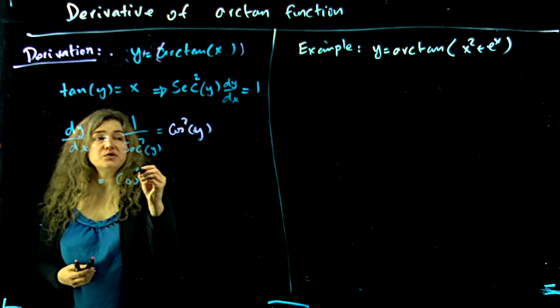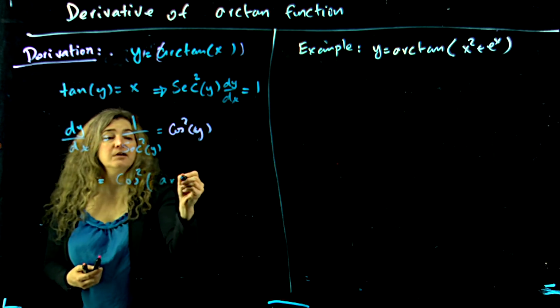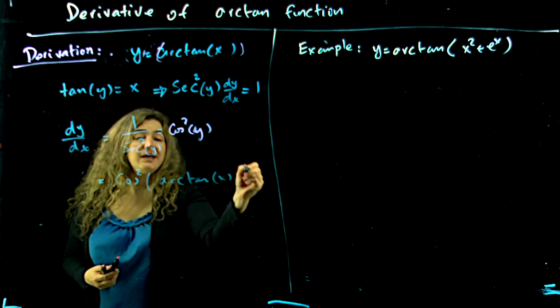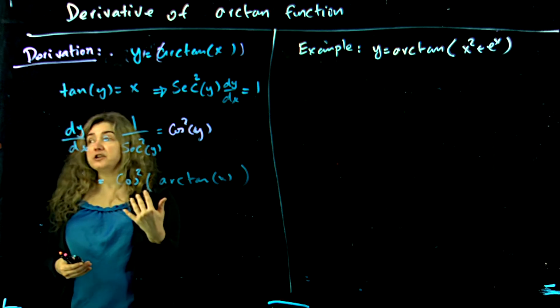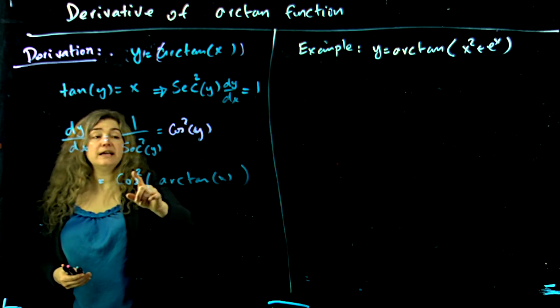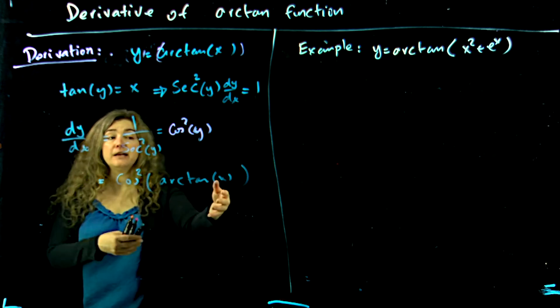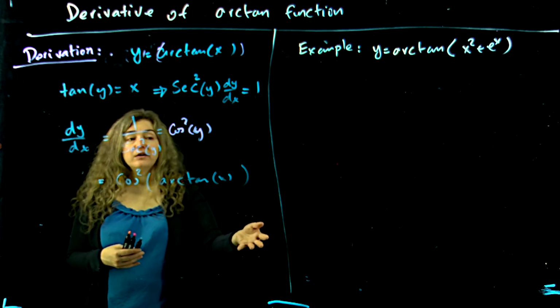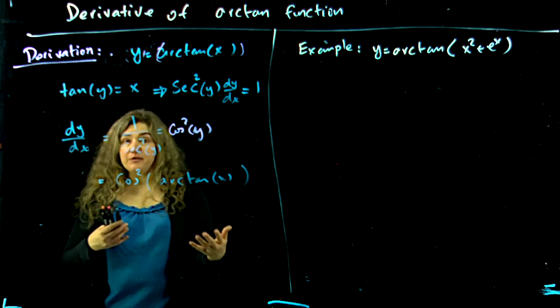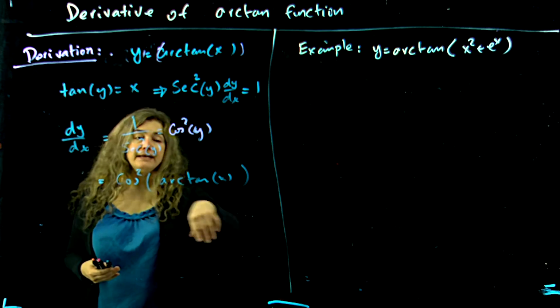So I will get cosine squared of arctan of x. Now the input is x, except that through the trigonometry that I know from before, a trig function and an inverse trig function composed together is going to simplify somehow. So let's simplify that one.